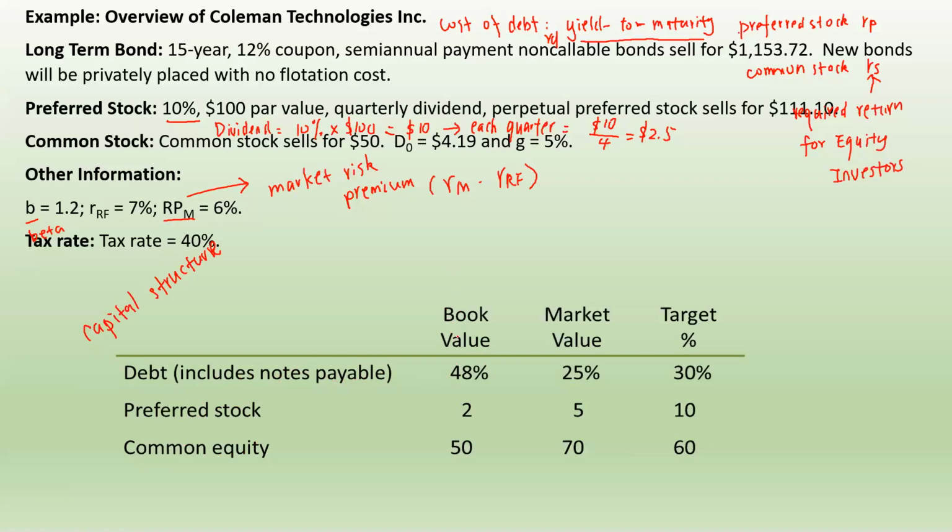The first is the book value capital structure, which is based on accounting data, and accounting data are all historical data. The second one is market value, which is data from the market, like the market value of your debt and the market value of your stock price. This is the current data.